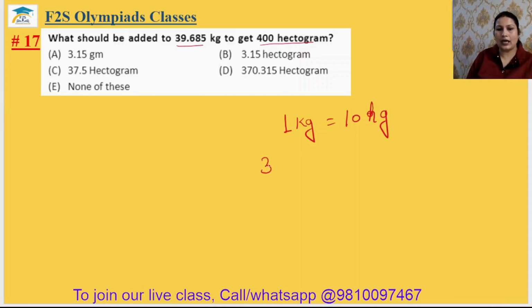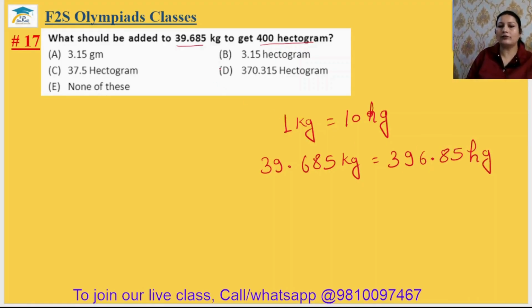39.685 kilogram equals 396.85 hectogram. We have to make it 400 hectogram. So to make it 400 hectogram, we do 400 minus this number.